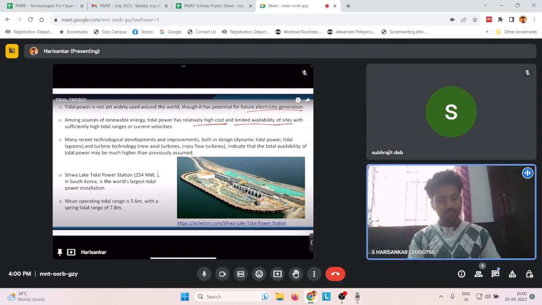Many recent technological developments and improvements, both in design, such as dynamic tidal power, tidal lagoons, and turbine technology, indicate that the total availability of tidal power may be much higher than previously assumed. Sihwa Lake Tidal Power Station in South Korea is the world's largest tidal power installation at present.